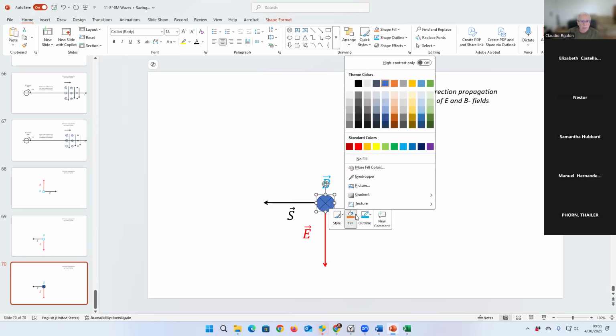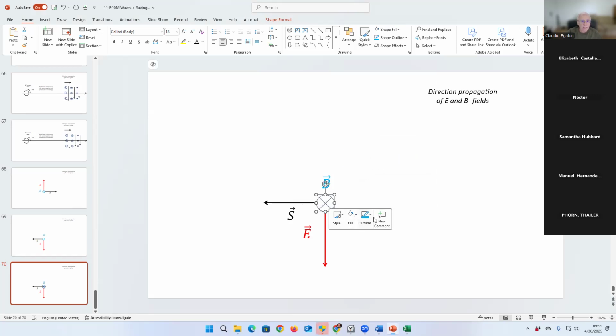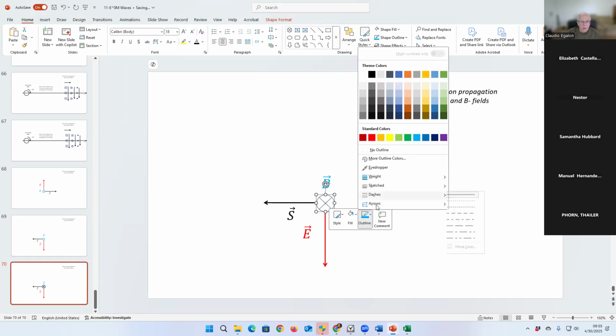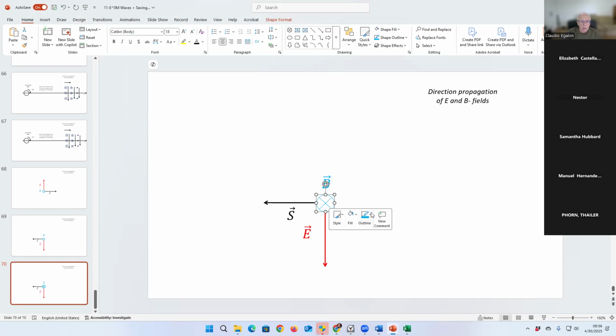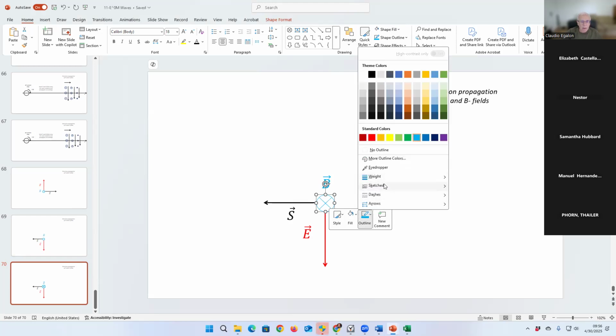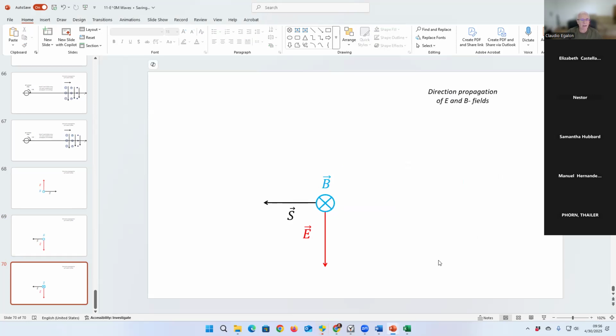Fill, and I want to fill with white, but then I want everything in blue, right? And I also want to make it a little bit thicker, make it look nicer, like that. Okay?